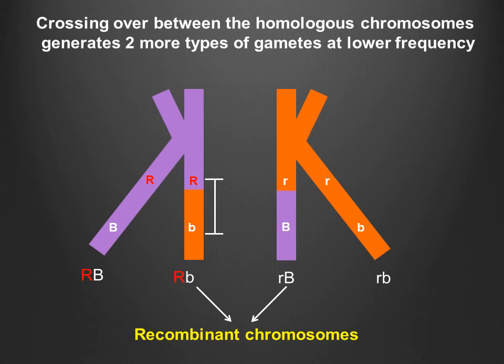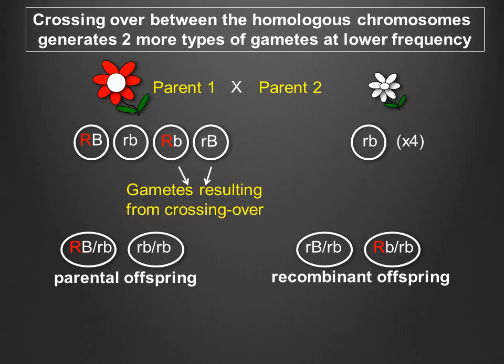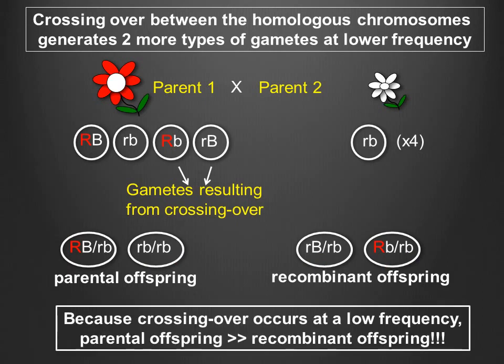You can see here that crossing over allows for the formation of the two types of recombinant gametes, one with big R little b and the other with little r big B. Note that in this scenario, as in the scenario where the genes are located on different chromosomes, the same four classes of offspring are formed. However, because crossing over occurs at a relatively low frequency, the parental offspring outnumber the recombinant offspring.